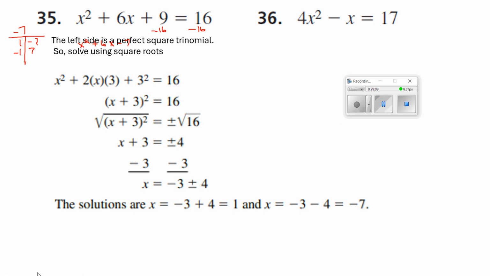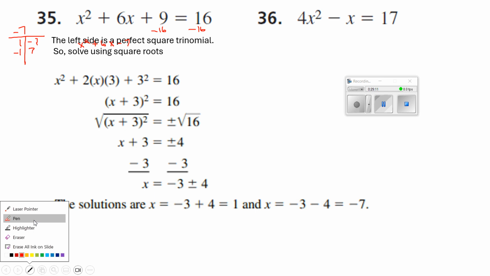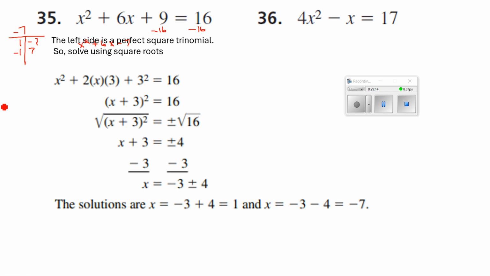And for those who didn't follow along, let's work it out over here a little more in detail. So there's my pen. Okay, so what they're saying is that x squared plus 6x plus 9 is a perfect square trinomial, right?